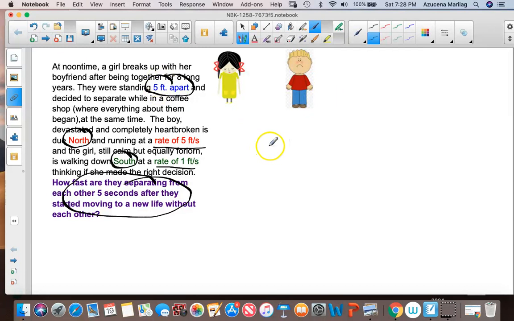So I'm gonna start by creating a diagram. This is where the boy's at. This is where the girl's gonna be at. They are 5 feet apart. The boy is heading north.